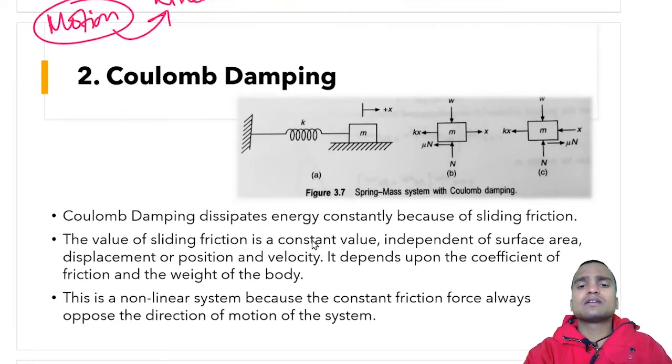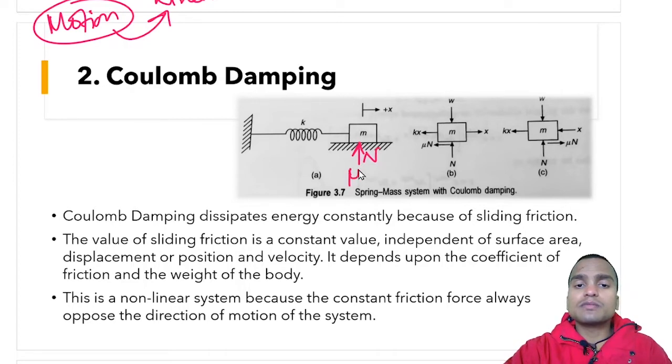And you can see when the mass block was not vibrating, it is acted on by normal force N here. So the coefficient of friction here will be used as mu s, and mu s multiplied by N will be equal to Fs.